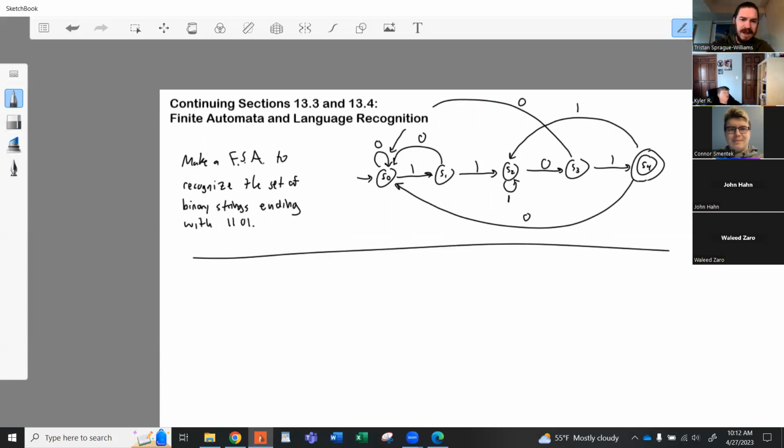Now for the second example, I want to draw a finite state automaton, and we're going to practice interpreting that automaton to figure out what is the set that it will recognize.